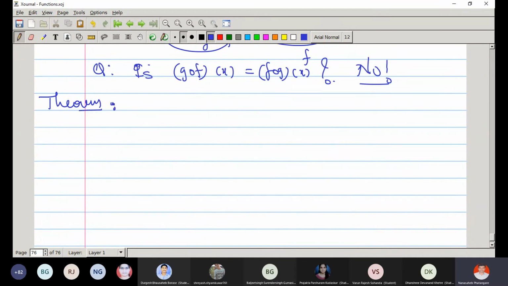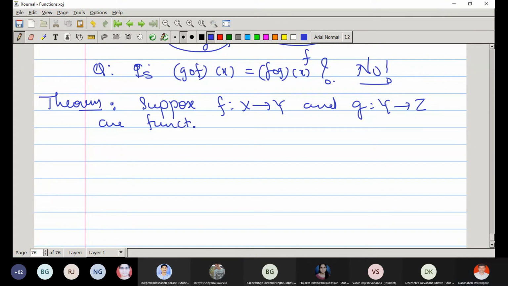What properties of composite function you can think about? Suppose f: X to Y and g: Y to Z are functions.